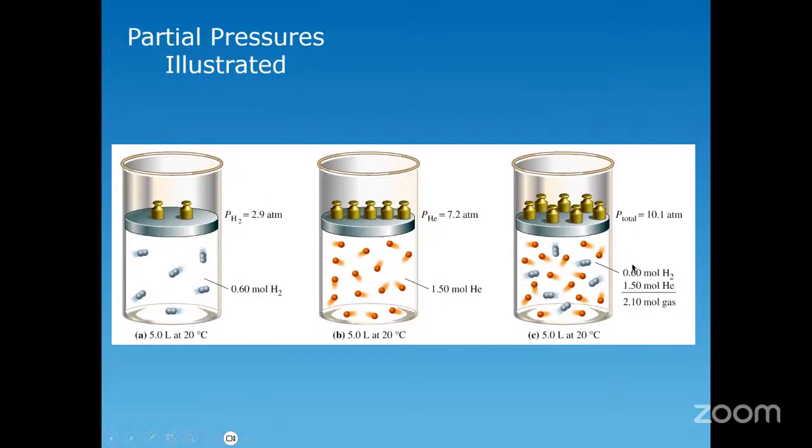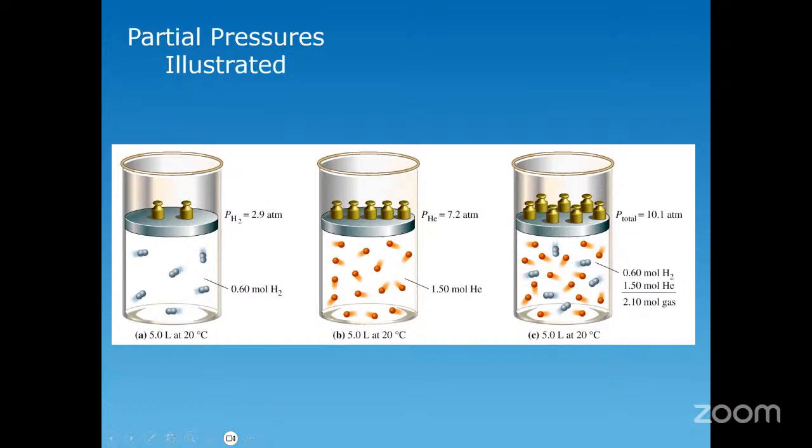The total pressure of that mixture, which is 10.1, would be the sum of the 7.2 and the 2.9 atmospheres. And that's because the total moles would be the sum of the moles of the different gases in the mixture: 0.60 moles of hydrogen plus 1.50 moles of helium. That would be equal to the total moles of the gas.